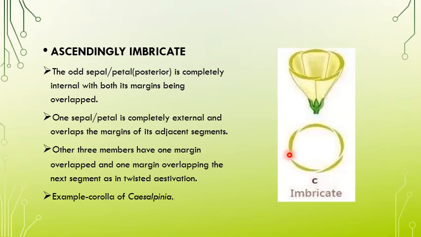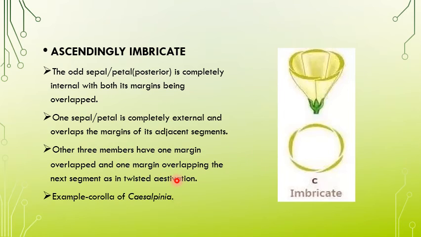The other three members have one margin overlapped and one margin overlapping the next. So here the next three, one is in, one is out. They overlap in a twisting manner, like in the twisted estivation.